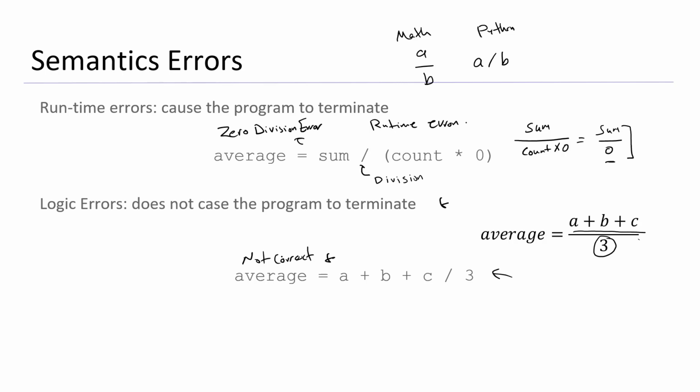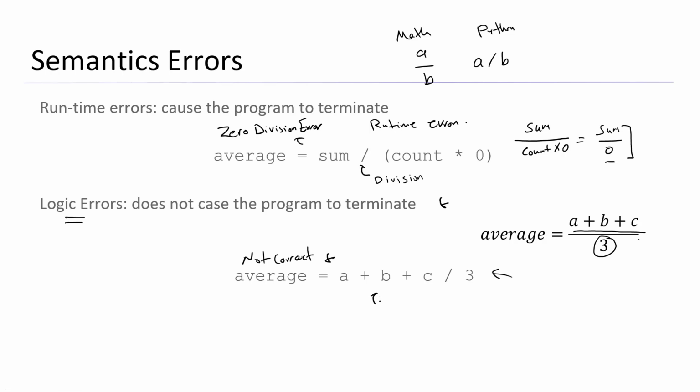However, Python will not give you any runtime error. So you will be able to run the program. You will be able to see some kind of result, but that result will be incorrect. So we call this kind of error, where the program runs, both syntax and semantics, well, to some degree.